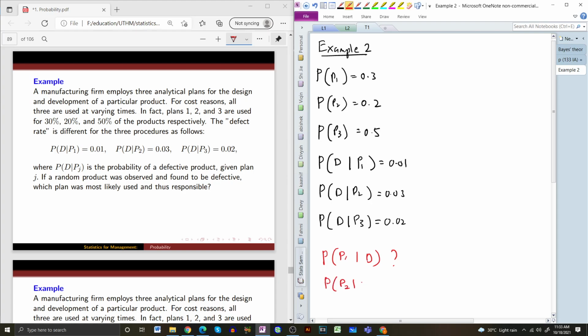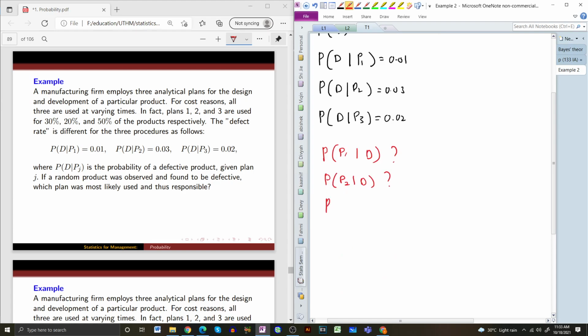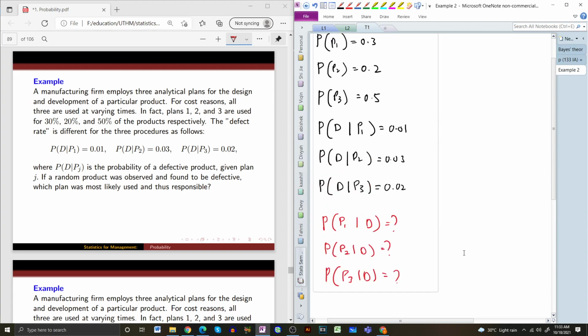And then P2, and then P3. We have to find all, and the probability with the highest value is the plan which gives the defective product.